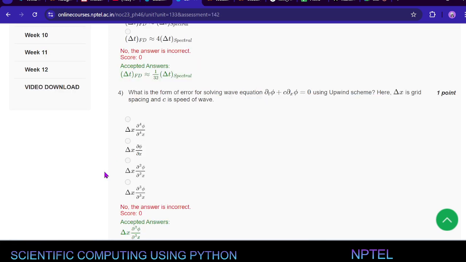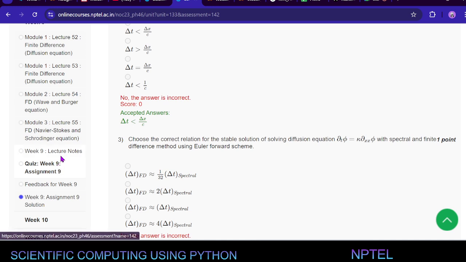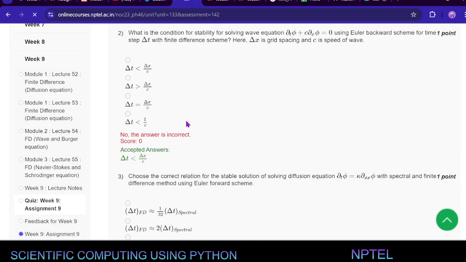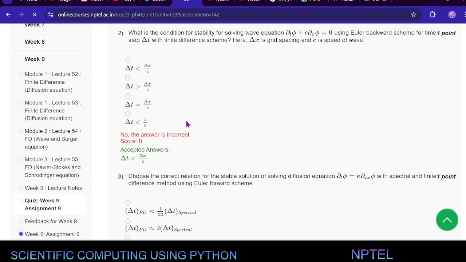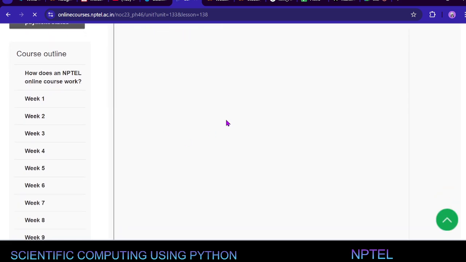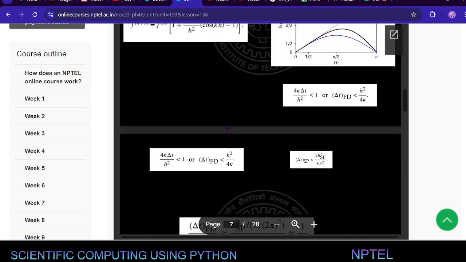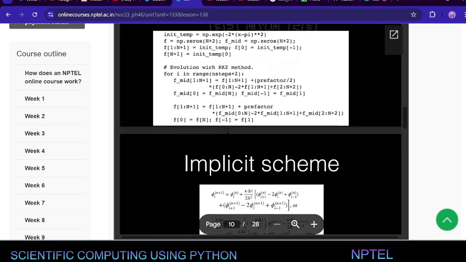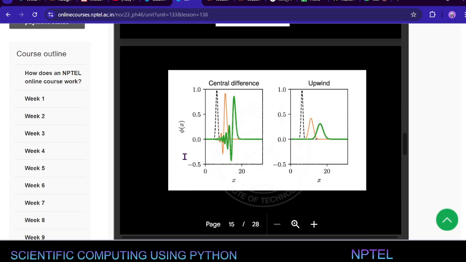Let me just show it on the lecture notes because the professor has discussed this. Yeah, wave equation, upwind scheme, and this one.